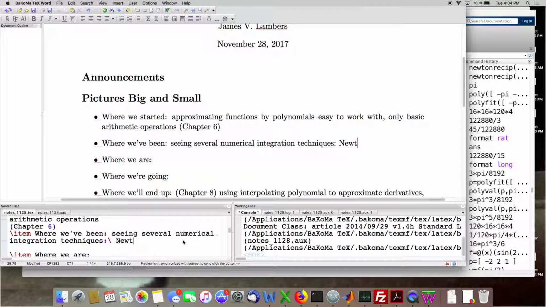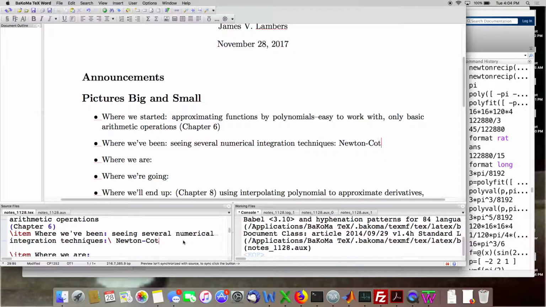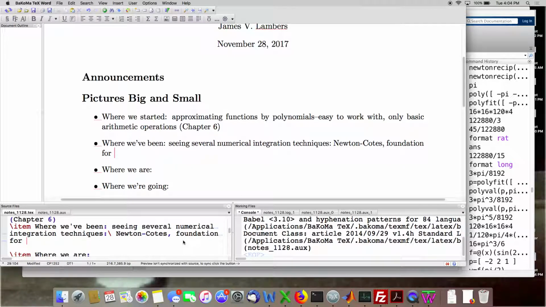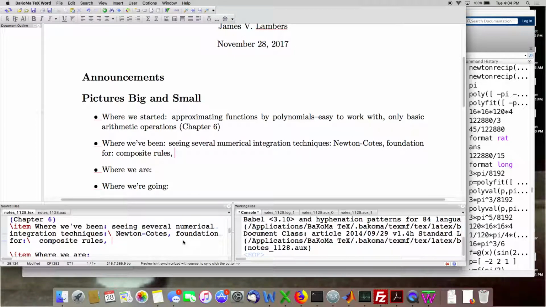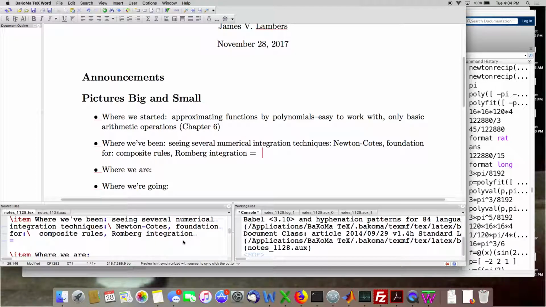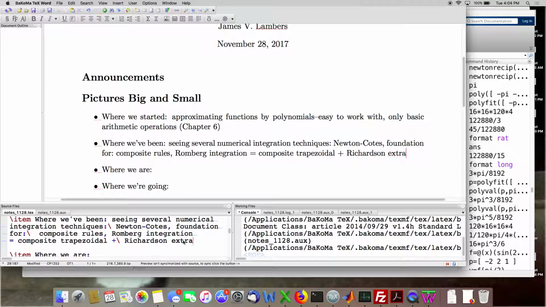We've seen Newton-Cotes rules, which are a foundation for better categories of techniques, composite rules, and then also Romberg integration, which is a combination of composite trapezoidal rule plus Richardson extrapolation to get higher order accuracy.